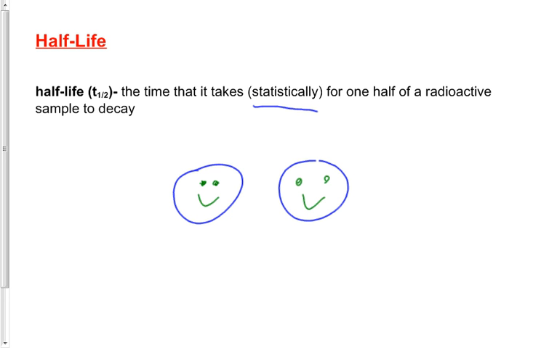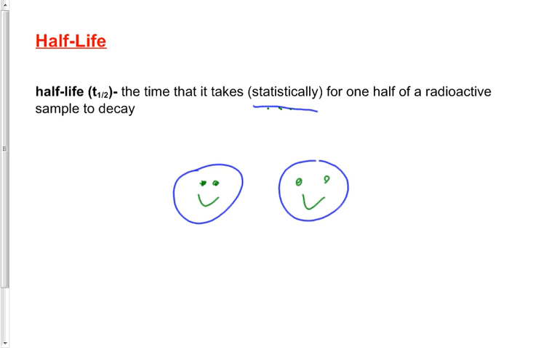Now, it's not certain. We never know for certain how long it's going to take them to decay. But if we have enough of them, we can use probability statistics to make a good prediction as to how long it's going to take to decay. Half of them will decay in this much time, the half-life, on average, statistically at least.